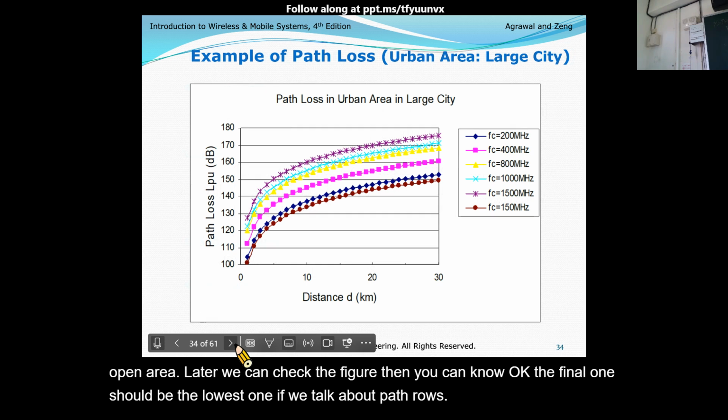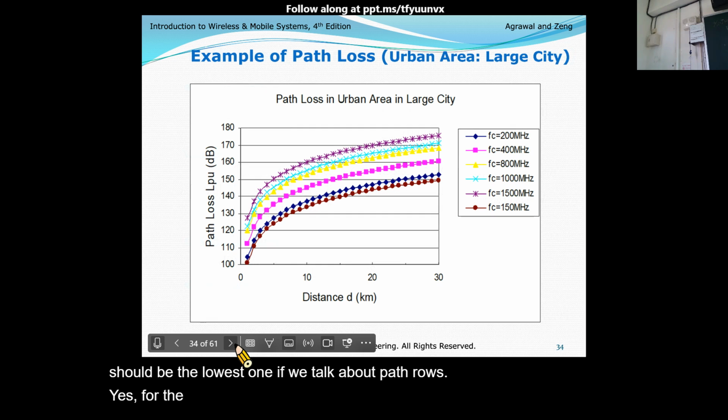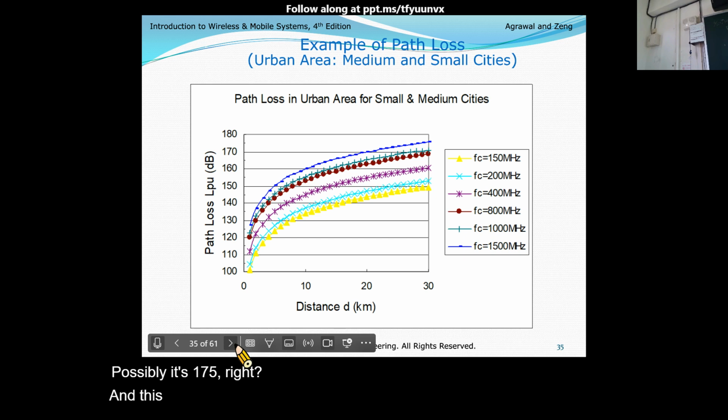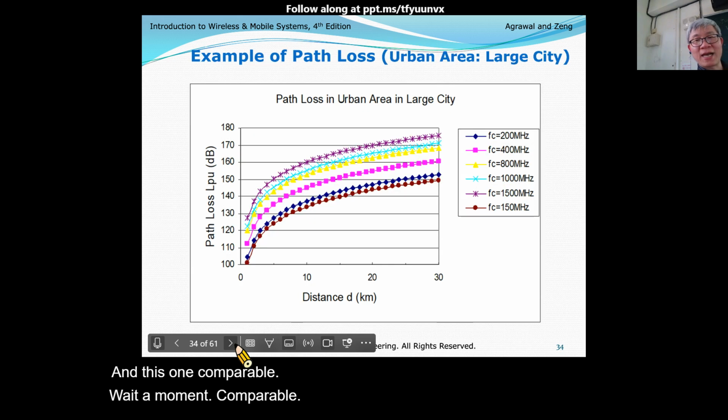Yes, for the first one, urban area, large city, you can check the value here. Approximately it's 175, right? And this one, comparable. Wait a moment, sorry, a different color.